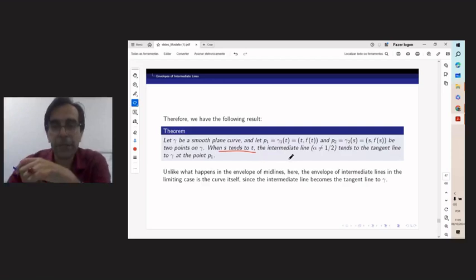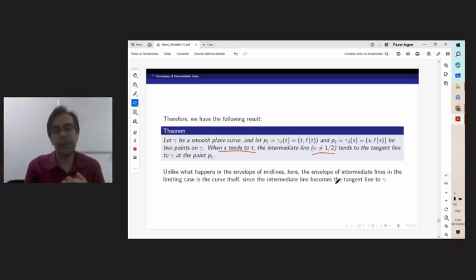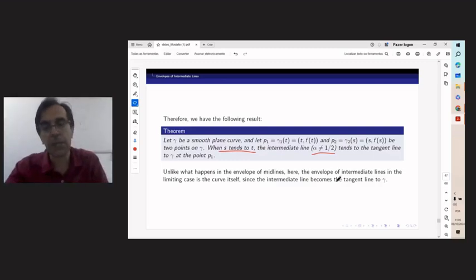The intermediate line in this case tends to the tangent line, and the envelope of the tangent line is the curve itself. This is the difference between midline and intermediate line. In the case of midline, the envelope gave us the affine evolute, but here we have the curve itself.